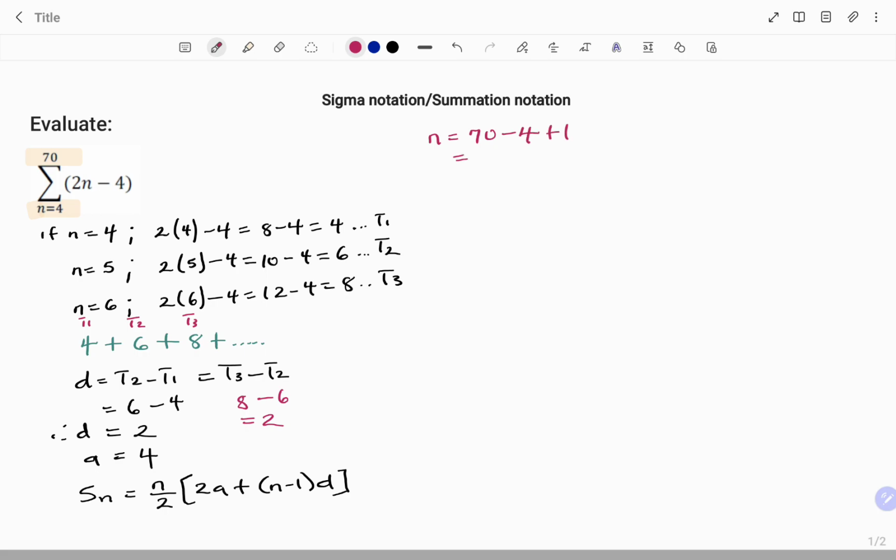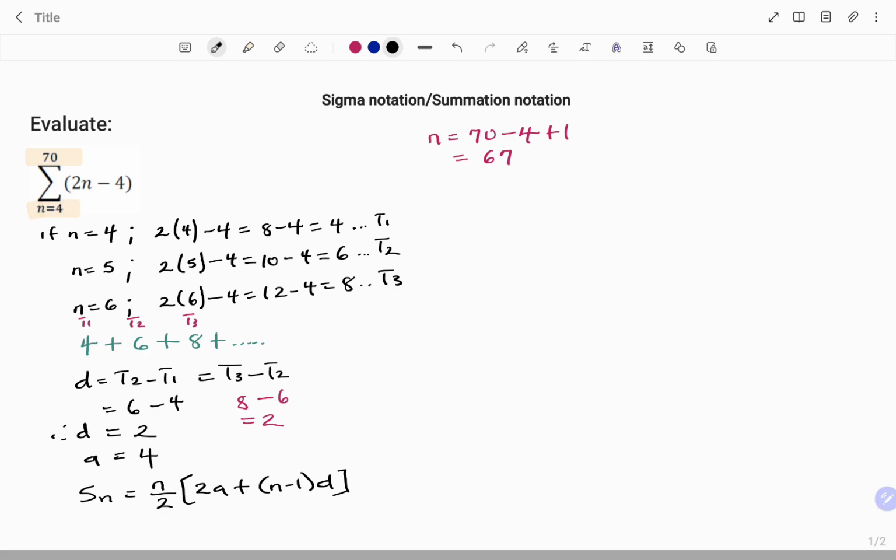That will give us 67. Remember the last one we did, if our n is starting from 0, then it will have been 70 minus 0, that's 70 plus 1, that will be 71. But our n is starting from 4, so it's 70 minus 4 plus 1.